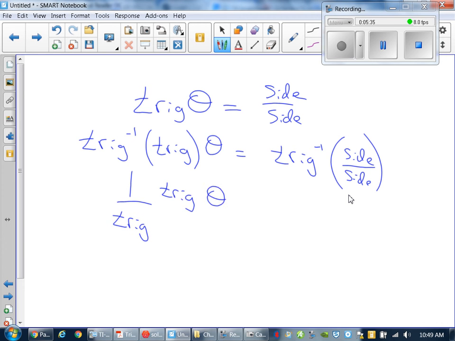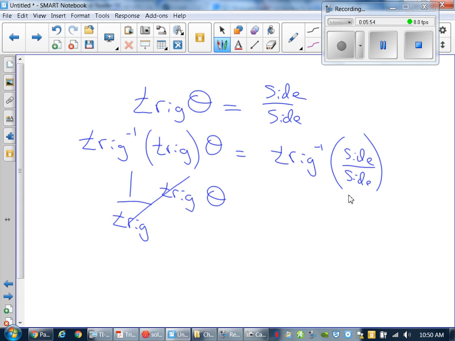What's 4 divided by 4? 1. What's 2 divided by 2? What's negative 6 divided by negative 6? What's trig divided by trig? 1. So they undo each other. That's why you get theta by itself.